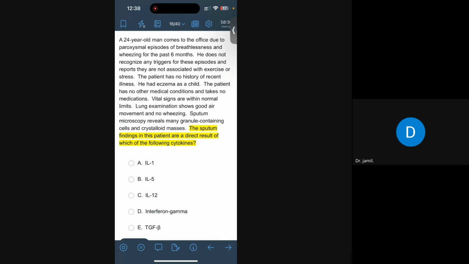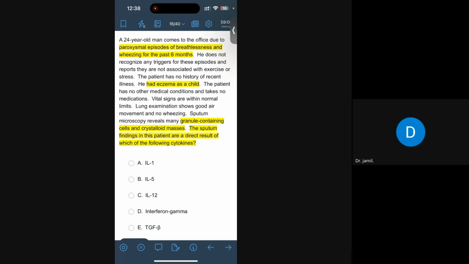What about paroxysmal episodes of breathlessness and wheezing? The age is 24 years old. Okay, a 24-year-old means that it is not COPD. He does not recognize any trigger. He had eczema as a child. The sputum shows many granule-containing cells and crystalloid masses.